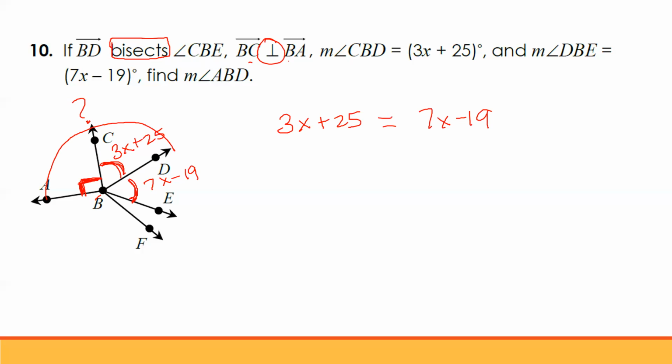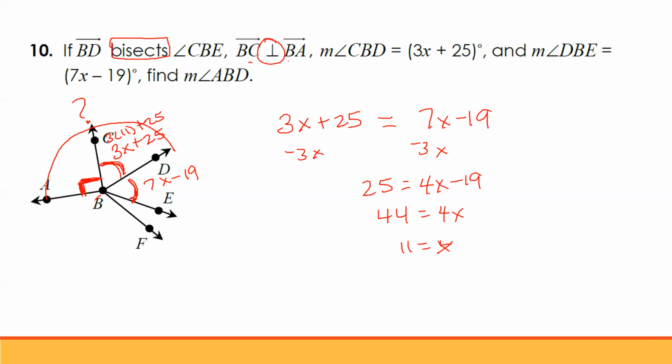Now I can solve for x, minus 3x on both sides. Add 19 to both sides. And divide by 4. So 11 equals x. Now I can take that x and plug it in here. 3 times 11 plus 25.